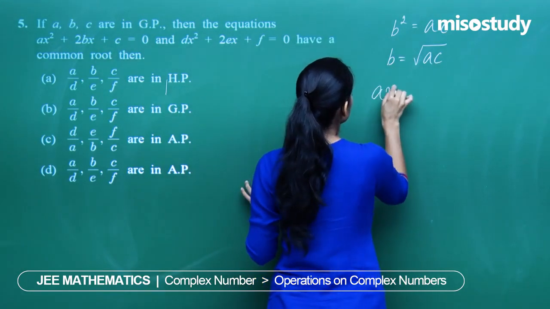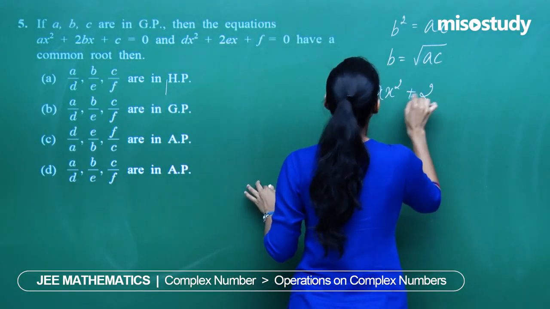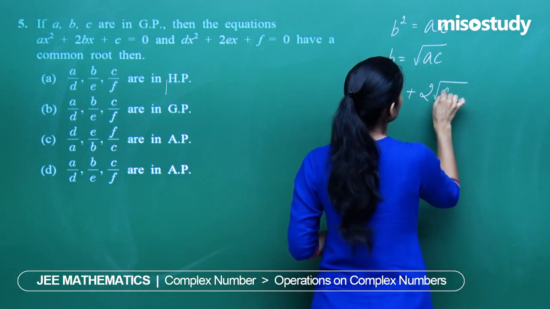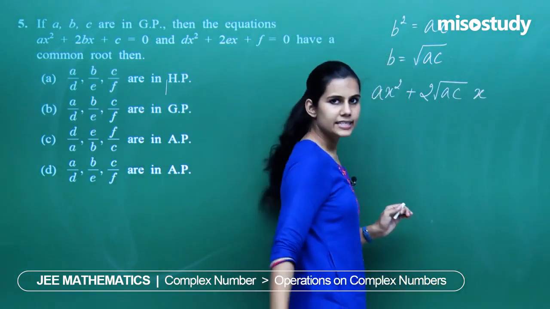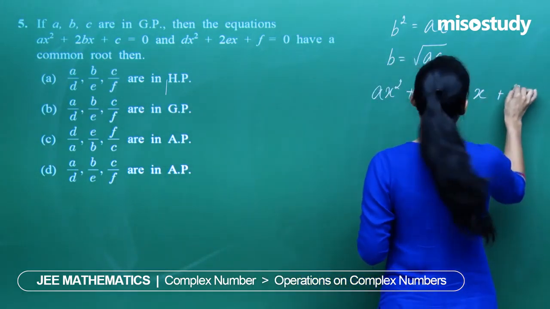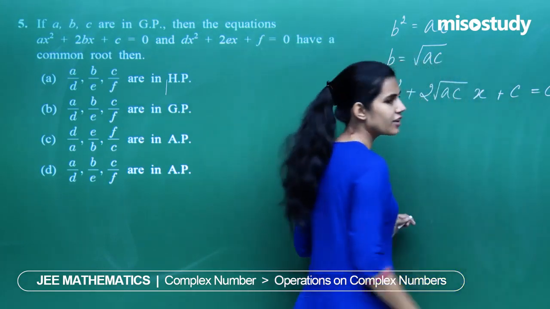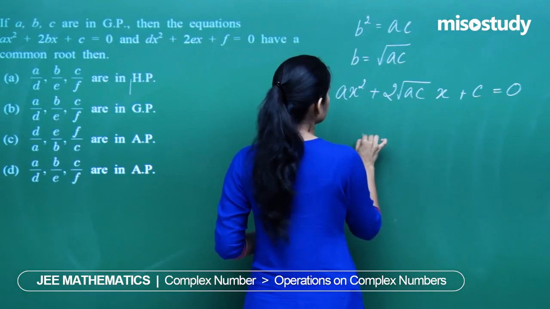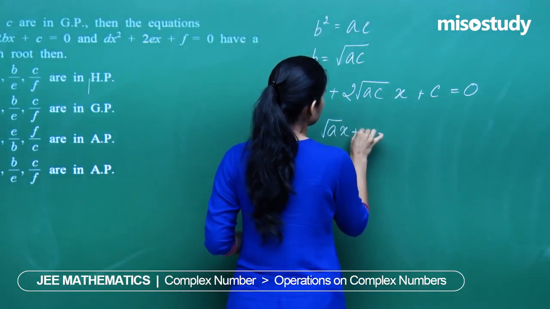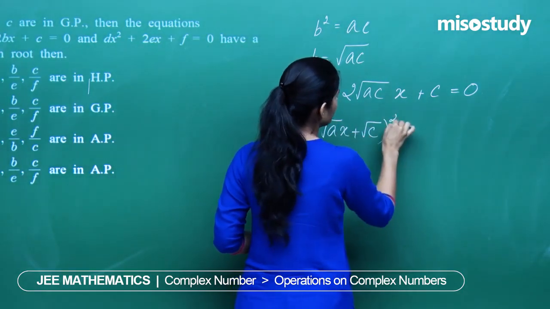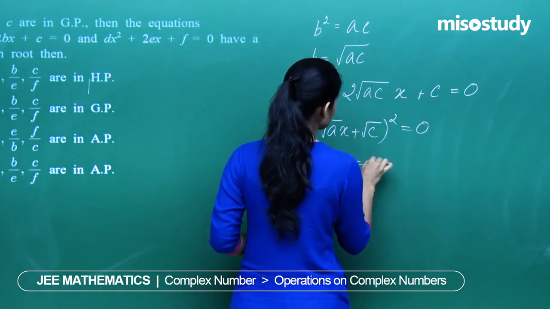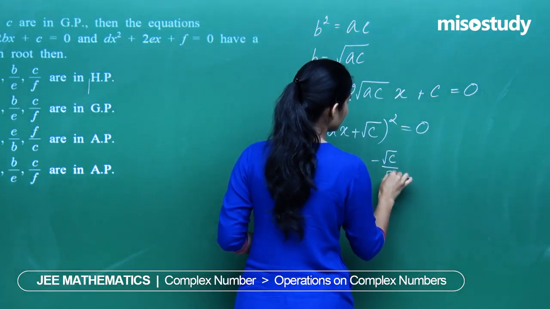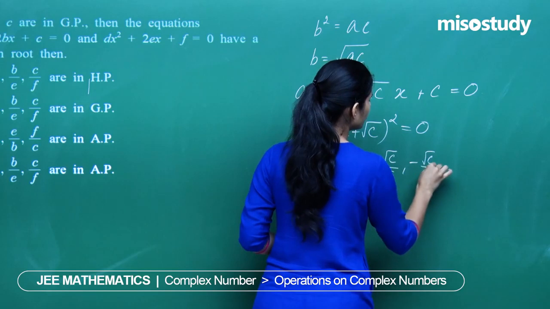This becomes AX square plus 2BX, 2 root AC into X plus C equals 0. C you can write as root C whole square, A you can write as root A whole square. This becomes root AX plus root C whole square. So X turns out to be minus root C by root A with multiplicity 2.